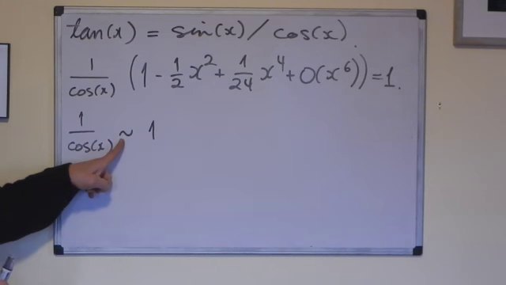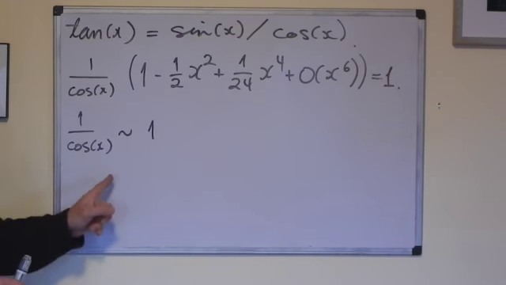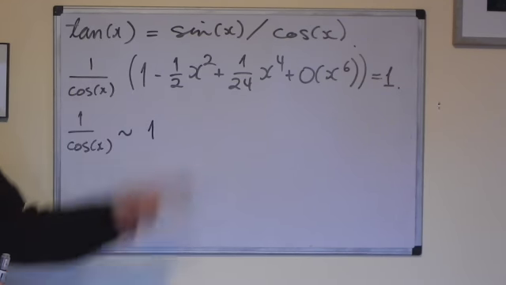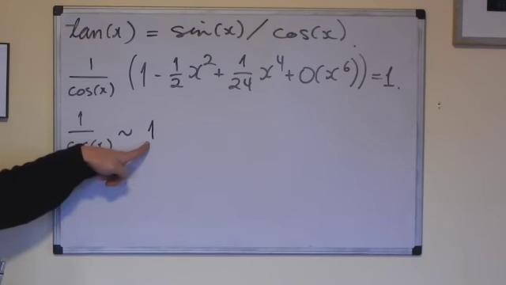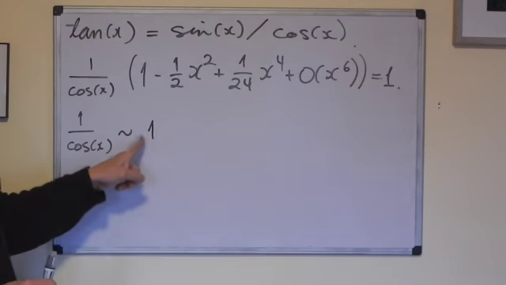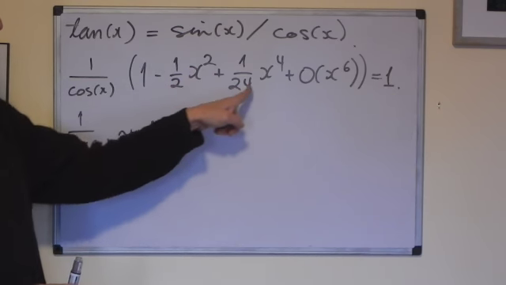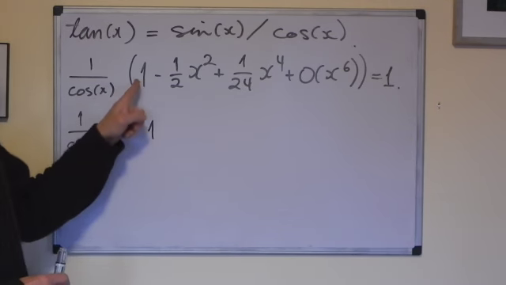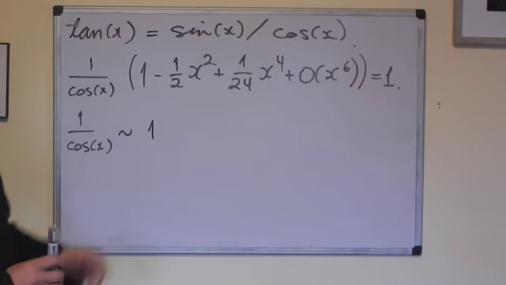We're looking for a polynomial expansion for 1 over cosine x, and we're doing that by multiplying it by the polynomial for cosine and getting 1. It's pretty obvious that the constant term in this polynomial should be 1, because 1 times 1 is 1. And of course, there'll be an error: minus 1/2 x squared plus 1 over 24 x to the 4th plus some order 6 terms. But those are smaller, they're higher order than the first term.